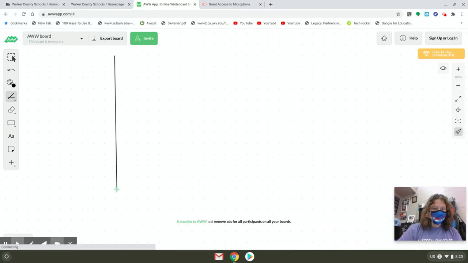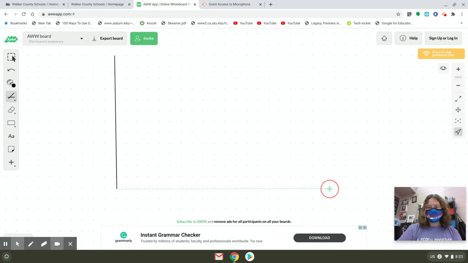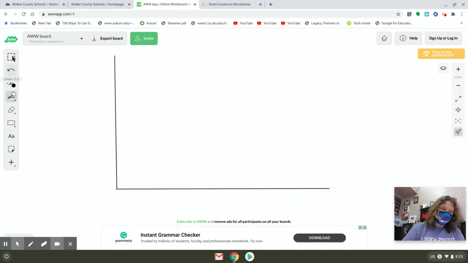And the axes are the same. So on the left-hand side, you have the y-axis. And at the bottom, you have the x-axis.